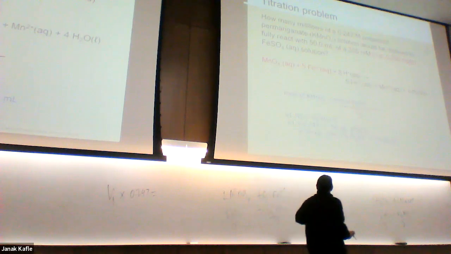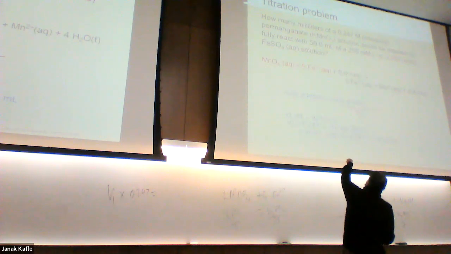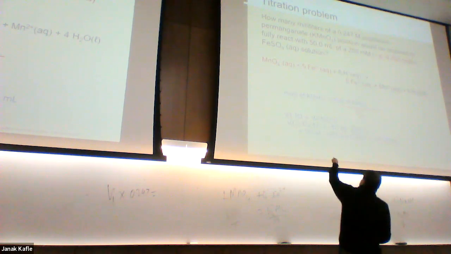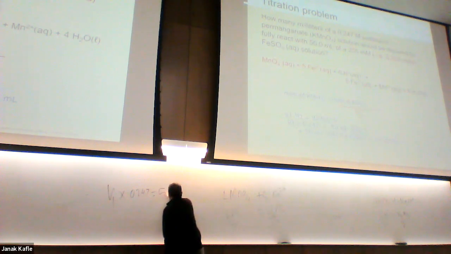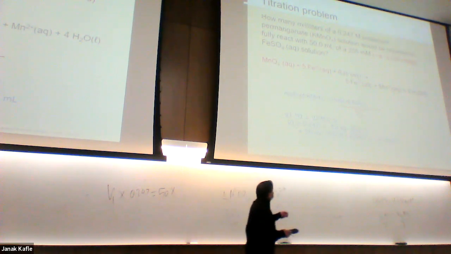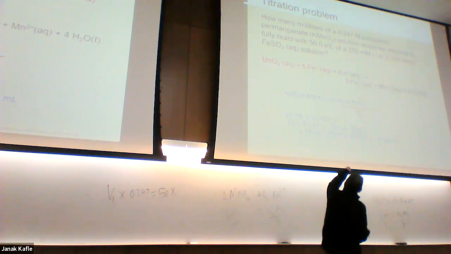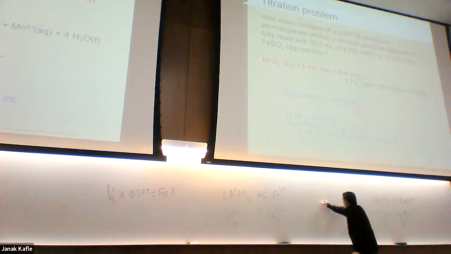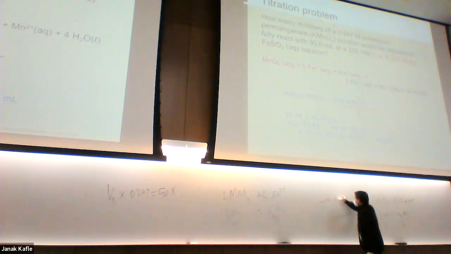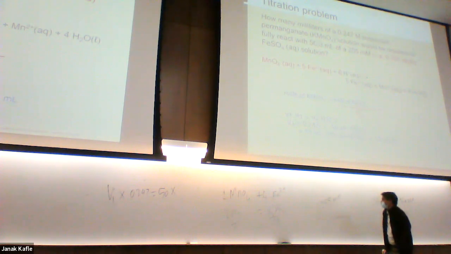Now this is for the iron. It is required to fully react with 50 ml of 255 millimolar iron sulfate solution. So I know the volume, V2 is 50. And the molarity of that solution is 255 millimolar. The millimolar should be converted to molar.